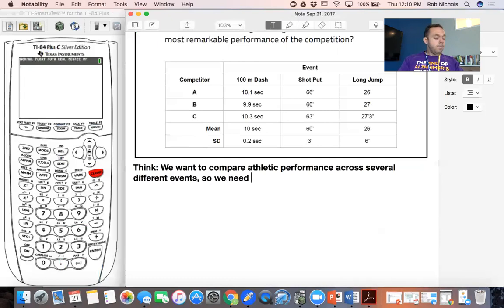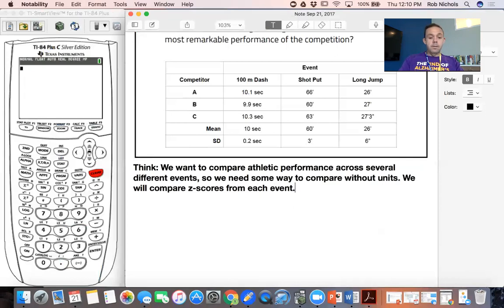We need some way to compare without units. We will compare z-scores from each event. Also, don't forget that lower times are better in the 100-meter dash.